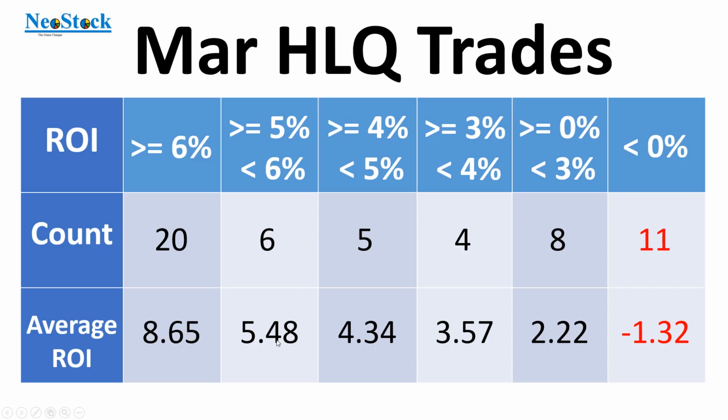8.65 average ROI, 5.48, 4.34. These are the levels. But the majority, all these 20 trades, gave you 8.65% average ROI. Getting 8% ROI during intraday is not a joke. It's a rare situation. Do you know, intraday traders, if they get 1% return, they feel happy.